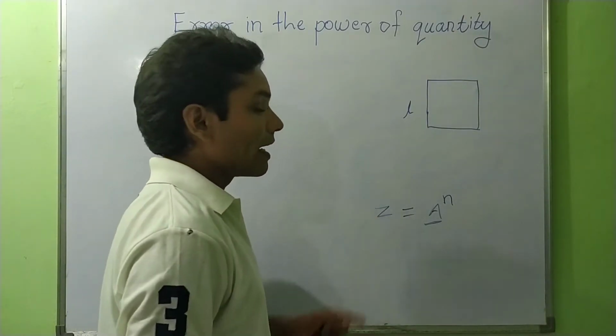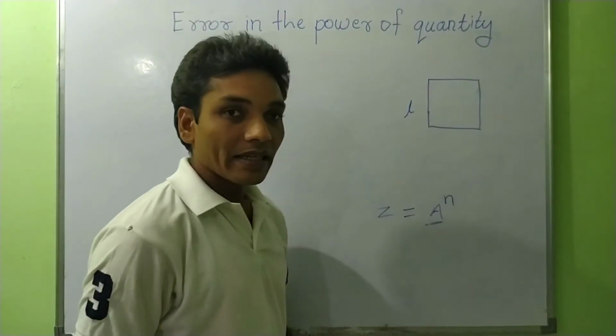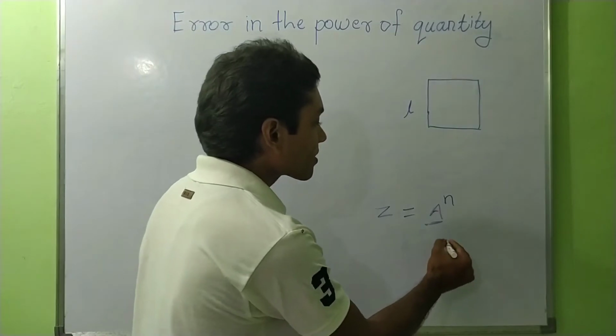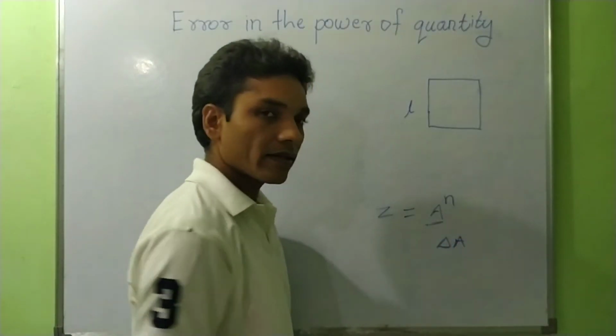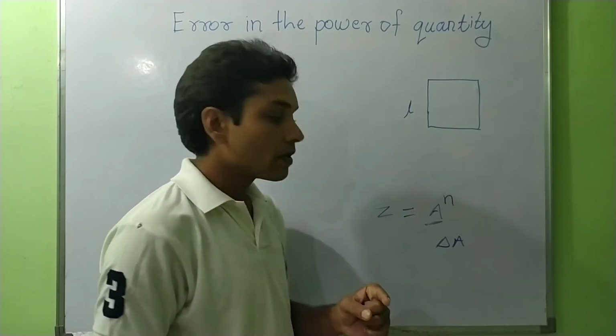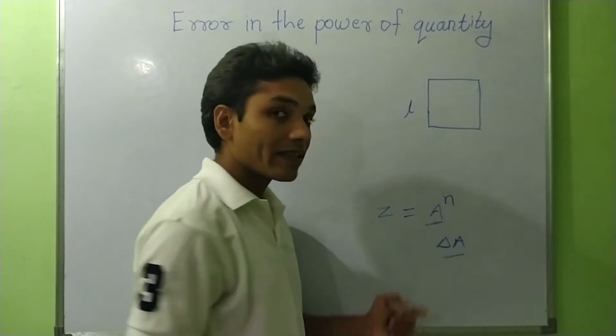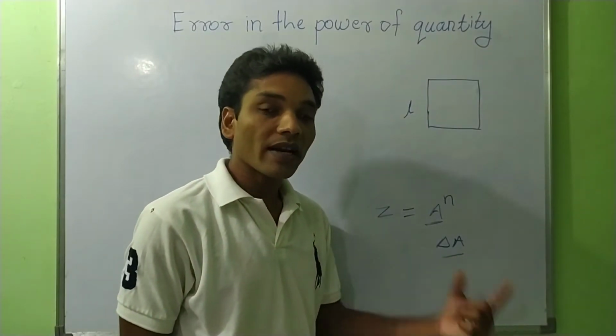Now let us say that in the measurement of the physical quantity A, an error del A occurs. Then what will be the total amount of the physical quantity A? This error may be positive or negative.